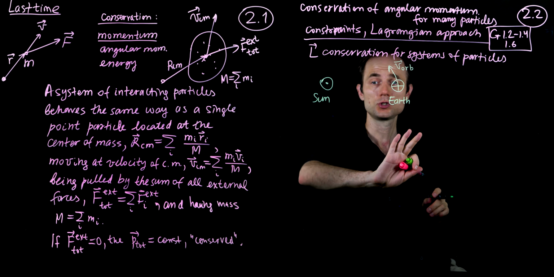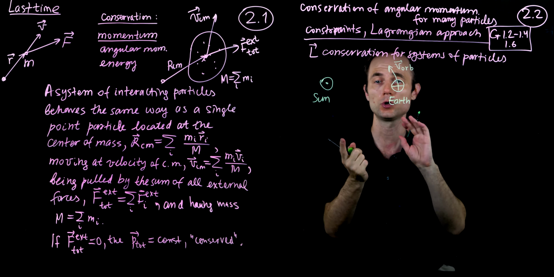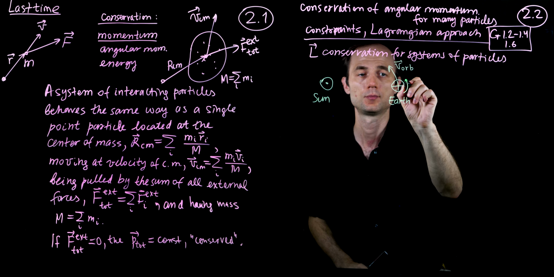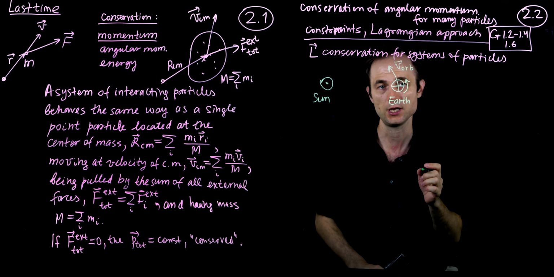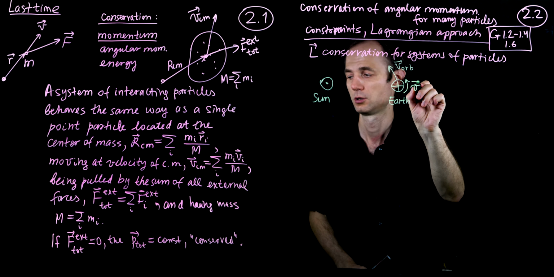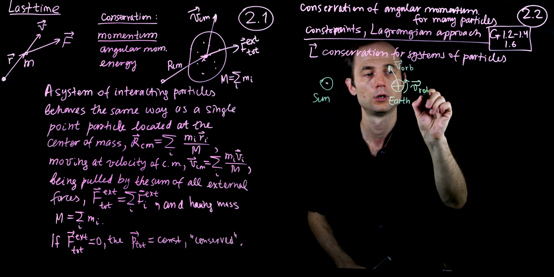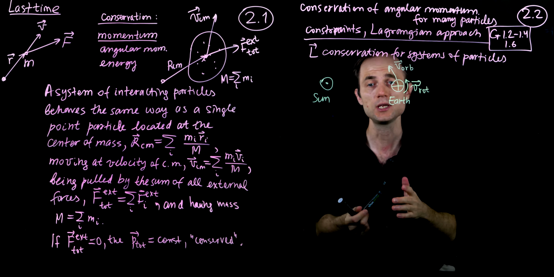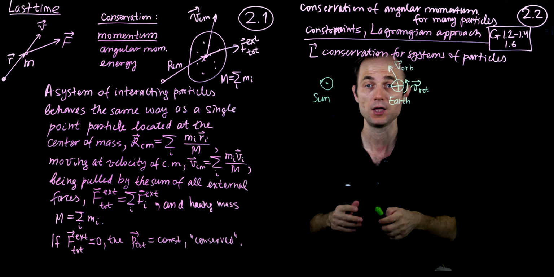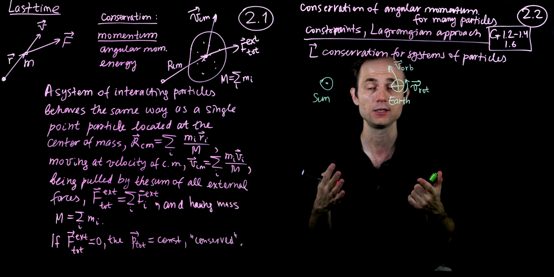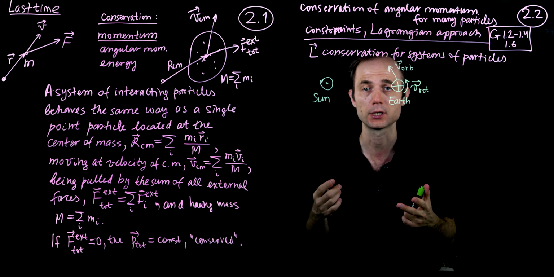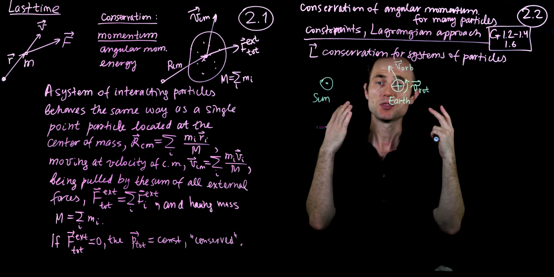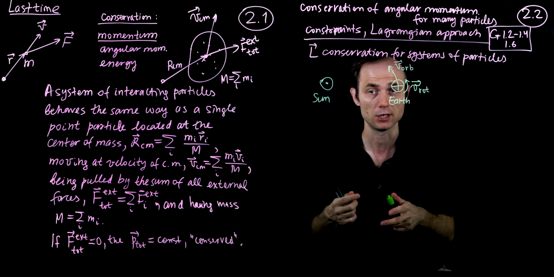But in addition to simply orbiting around the sun, the Earth also has its own spin, its own degree of rotation, v rotation. And this internal spin is what makes the conservation law of angular momentum for systems of particles more complicated than for linear momentum.